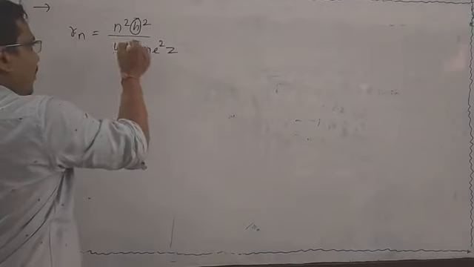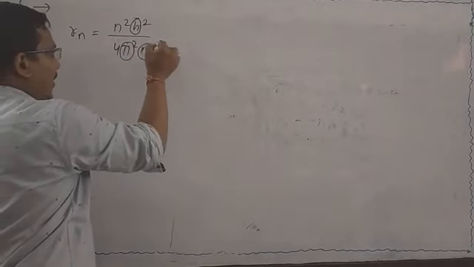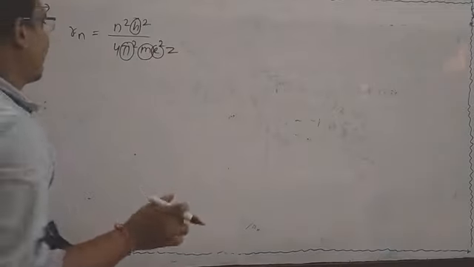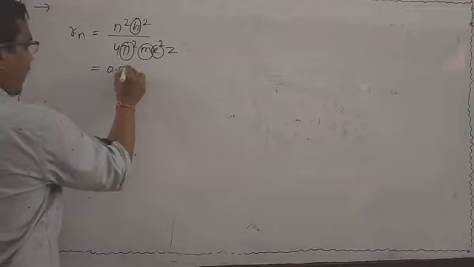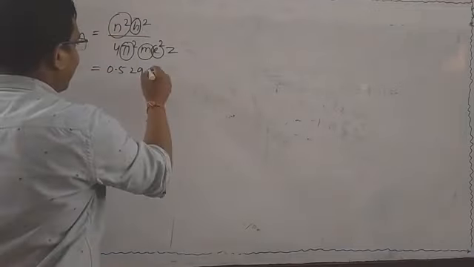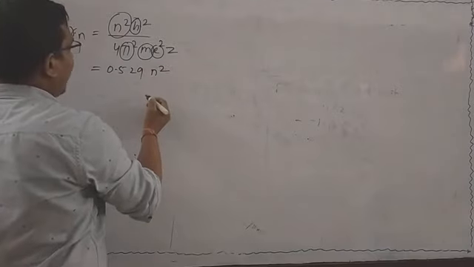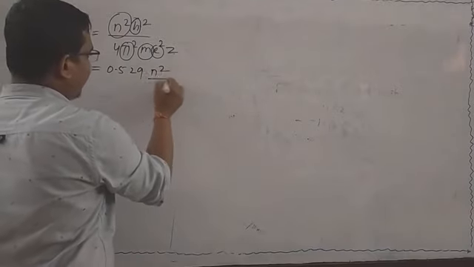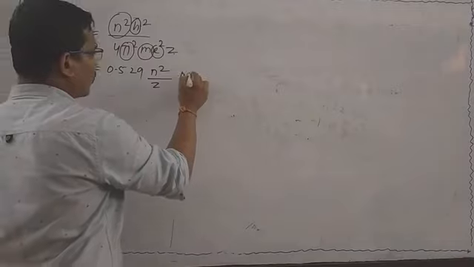We know the value of h, pi, m and e. By putting all these values, we find a very simple formula: 0.529 n² by Z angstrom.